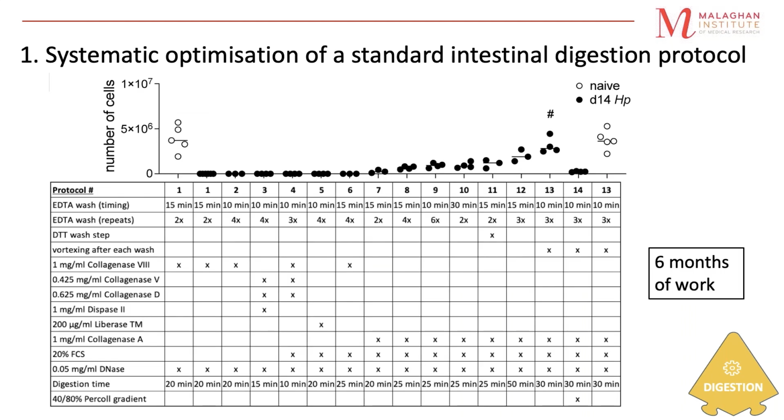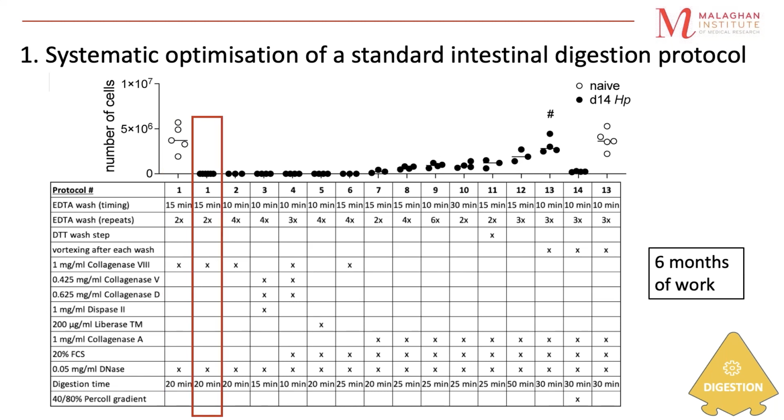To optimize the digestion protocol, we used a systematic approach. In the first graph, we are showing the number of viable cells obtained per each iteration of the protocol. Digestion number 1 is the standard protocol, and with this one, we obtain around 5 million live cells out of the naive gut. But when used with the day 14 infected gut, no cells could be obtained, no live cells.